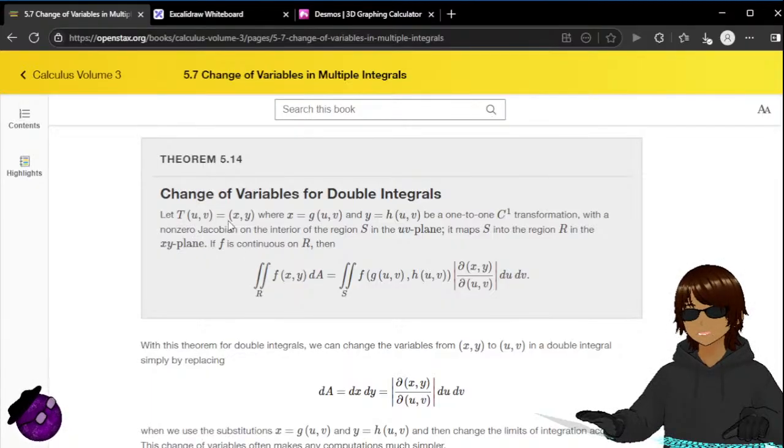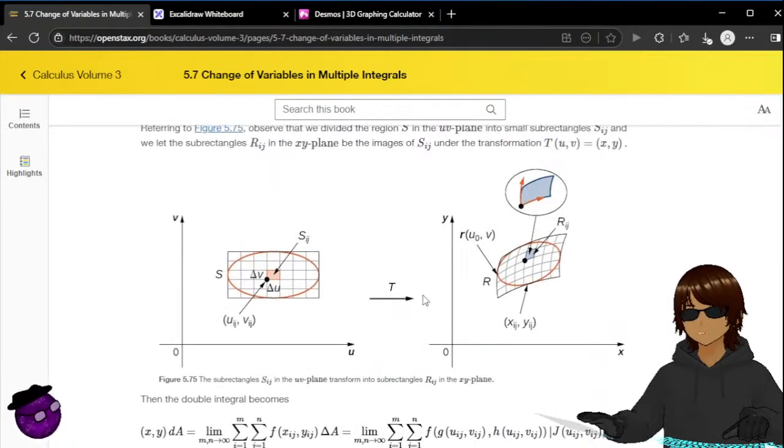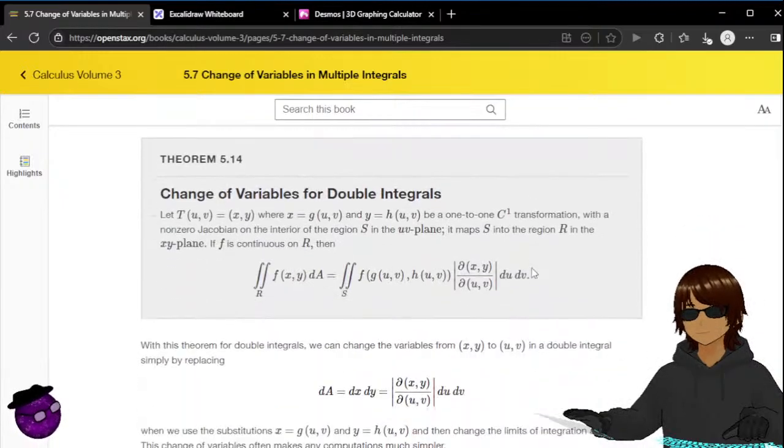Let x, y be a function of u, v, a one-to-one transformation with a non-zero Jacobian on the interior of the region S in the uv plane. It maps S into the region R in the xy plane. If f is continuous on R, then you have this.